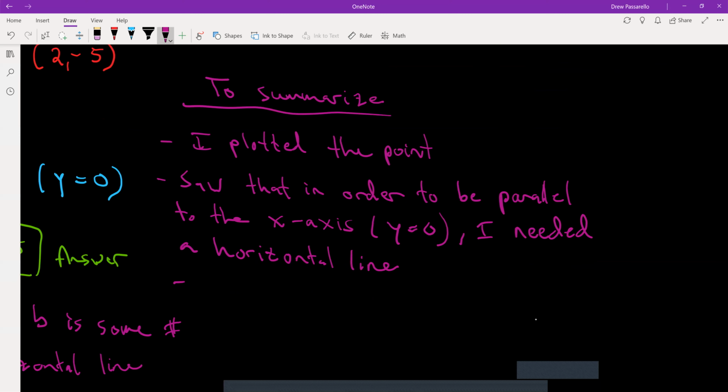Since it has to go through that point, I determined that y equals -5 is the horizontal line.